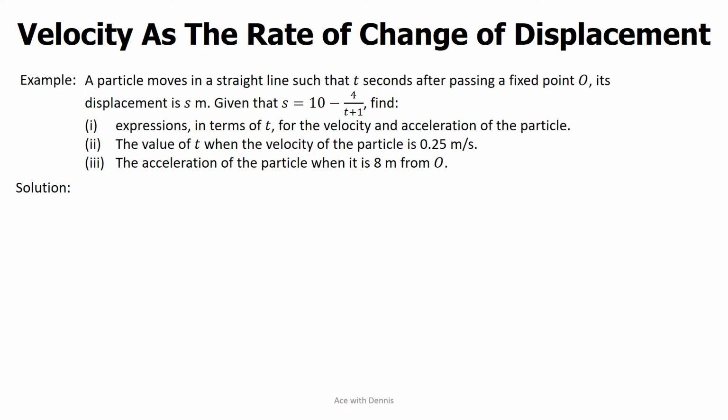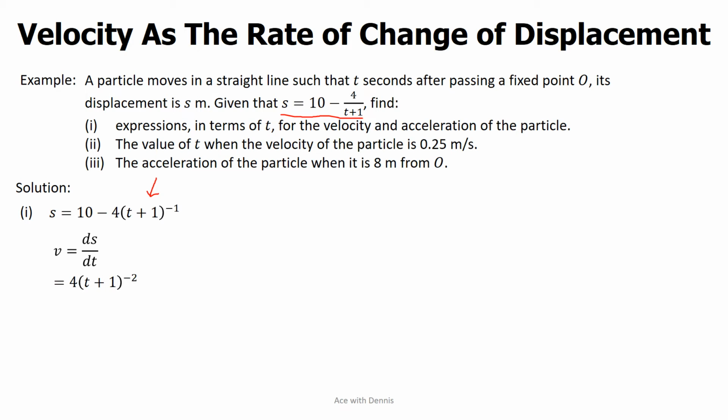So, here's the solution. The equation given is the equation of the displacement s. Therefore, given that s equals 10 minus 4 times (t plus 1) to the power of negative 1, we put it into indices form first, so that to find the expression of the velocity v, which equals ds over dt, we can differentiate the equation easily.